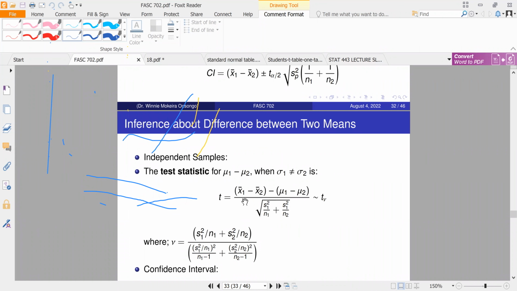And you can see still that is what we are having here. We have it there. This is just another way of rewriting our test statistic T. And in this particular case, note that there is a condition for this particular test statistic.